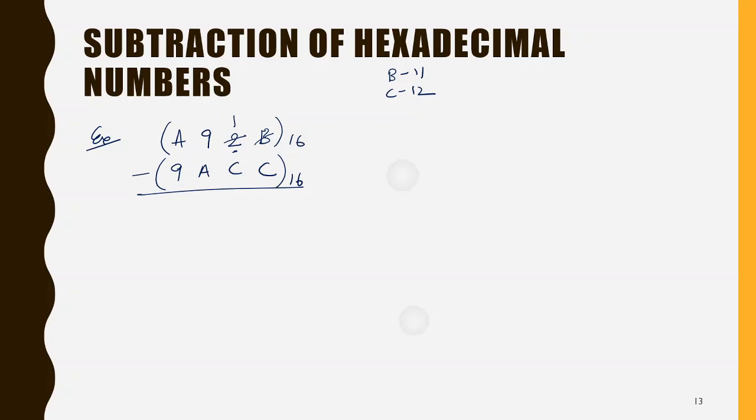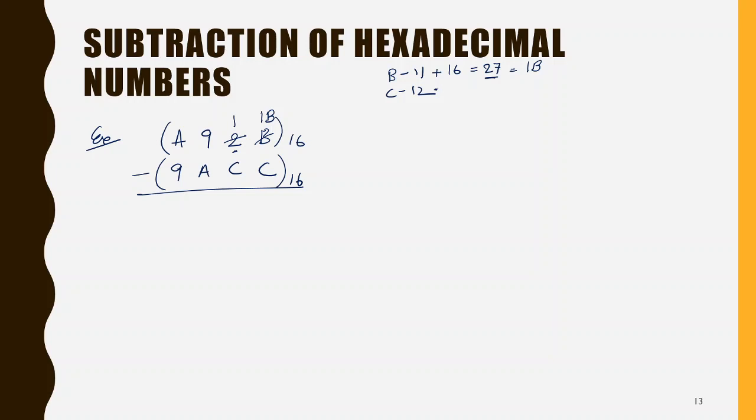So it will become 11 plus 16, that is 27. And how we write 27 is 1B. So before B, a 1 is added, so it becomes 1B. But in decimal, you can remember this is 27.